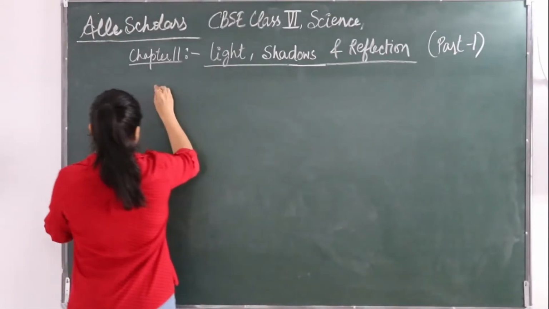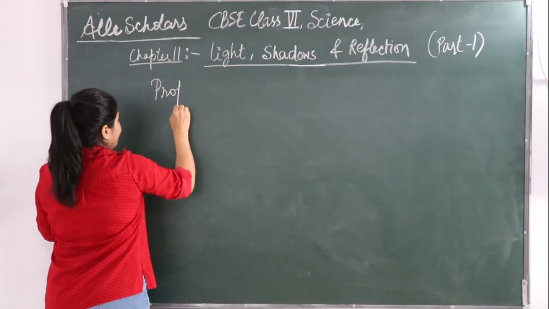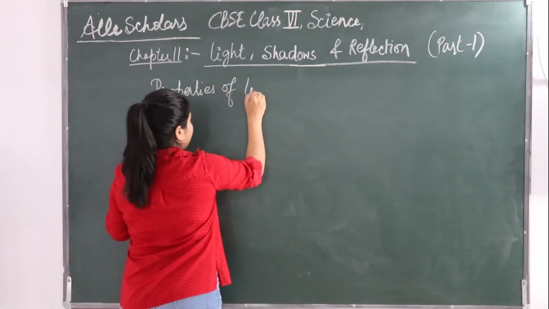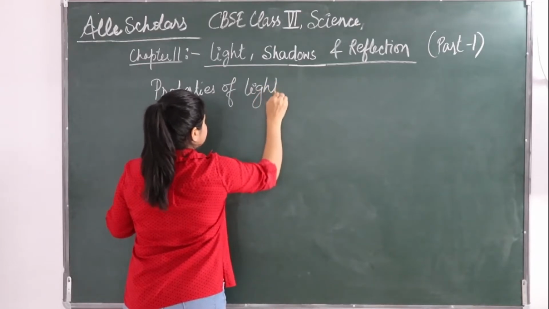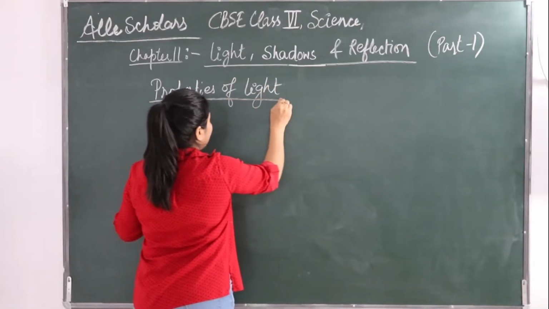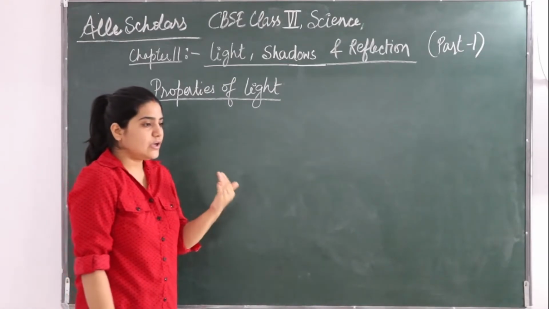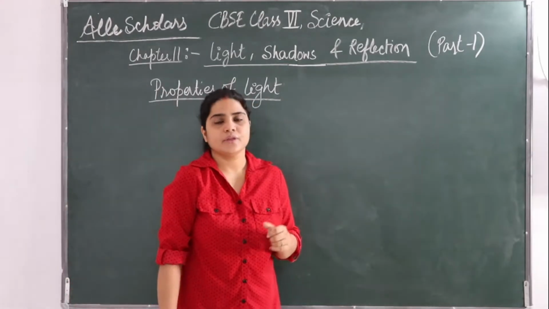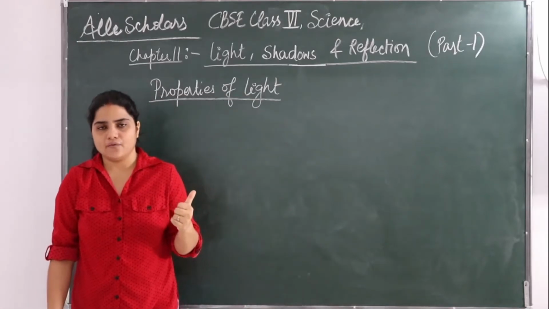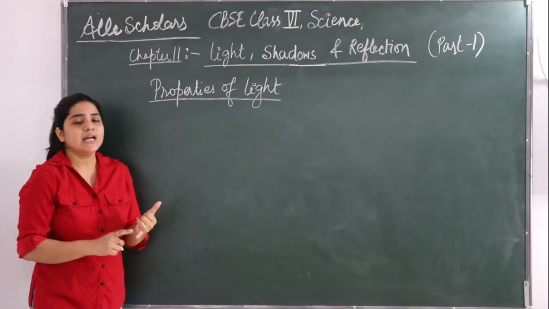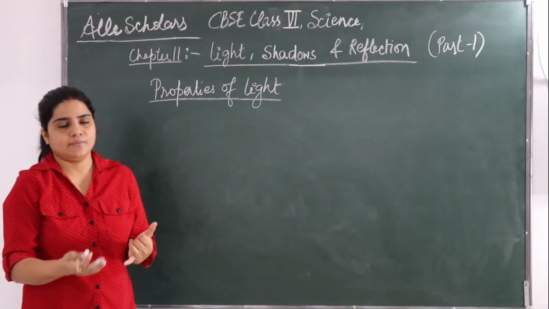Now we have seen what light is. Light has got some properties. The first thing I have already told you is that light is a form of energy. Light is the energy that enables us to see.